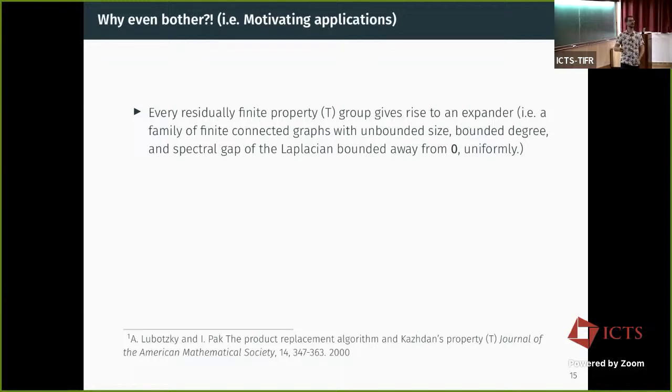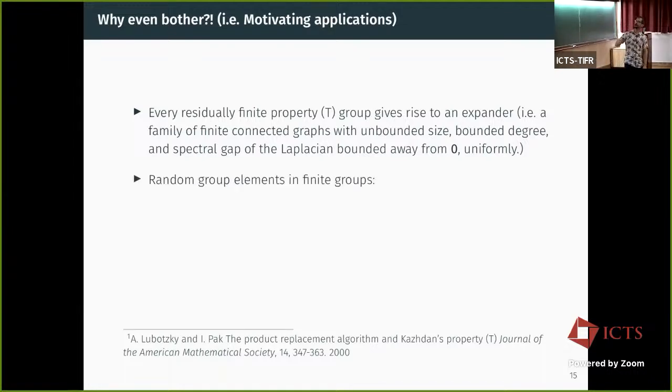The unbounded size comes from the intersections of the groups going to identity. Bounded degree comes from the fact that we have fixed sets of generators, and the spectral gap of the Laplacian is bounded away from 0 uniformly because this lambda is going to be this bound.